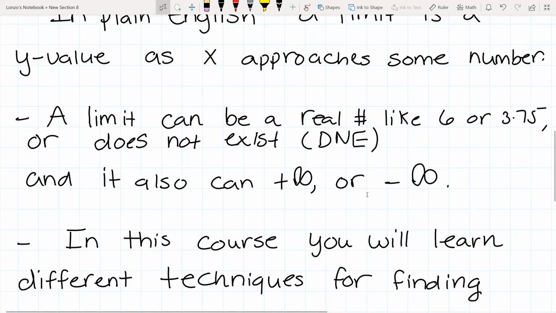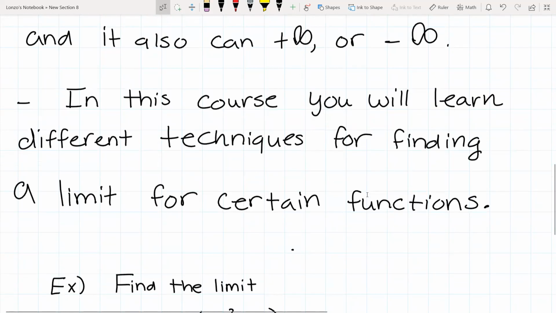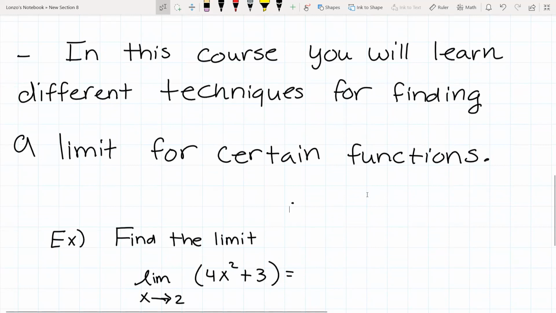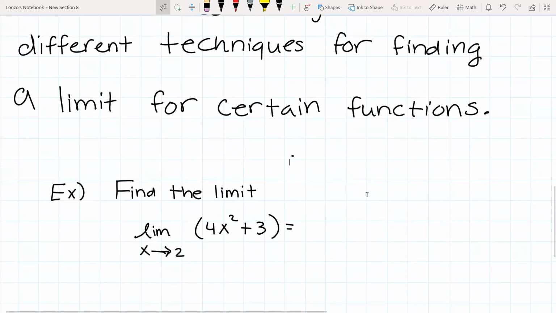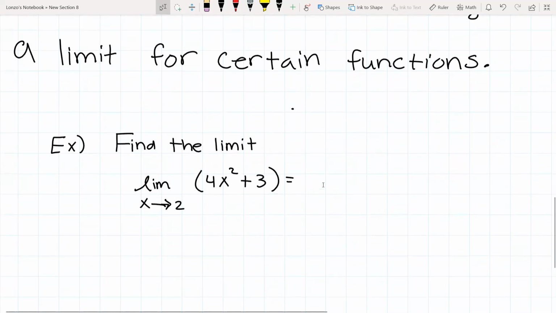In this course, you will learn different techniques for finding limits for certain functions. I want to do a simple limit just to give you an idea of how to solve one. They're asking, what is the limit as x approaches 2 of the function 4x squared plus 3?